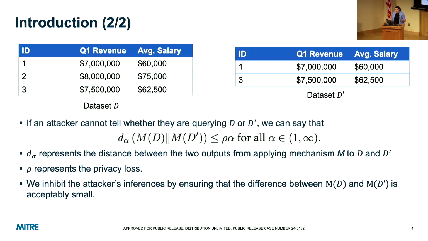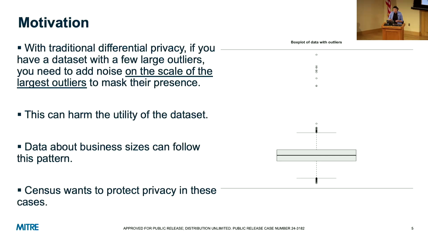So rho in this case represents the privacy loss, and it's a constant across all of the entries in your data set. This is important for what we're going to be discussing later. And so we want to inhibit the attacker's inferences by ensuring that the difference basically between M of D and M of D prime is acceptably small. M also in this case refers to our differential privacy mechanism, which I will also explain later.